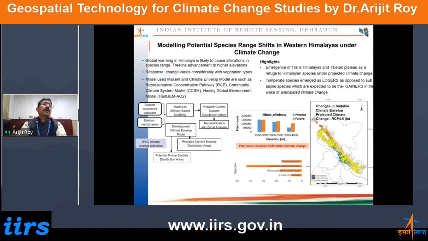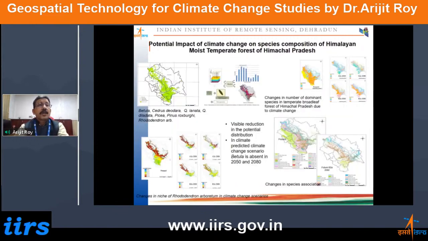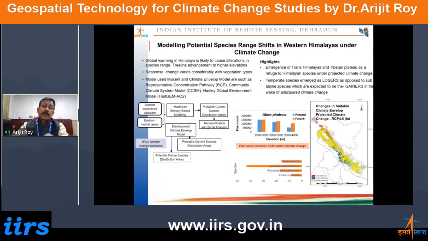Another area where we have achieved significant success is to model how the various vegetation and species are going to shift in the Western Himalaya under climate change conditions, using a complex algorithm which includes a number of models to see how the various vegetation communities are going to interact and react in climate change scenarios.